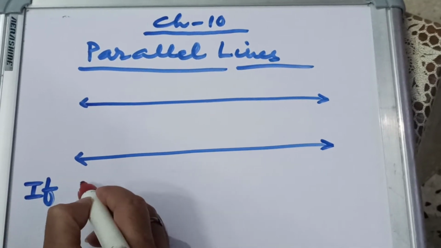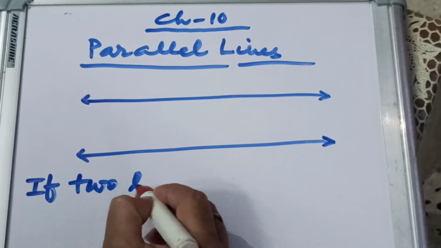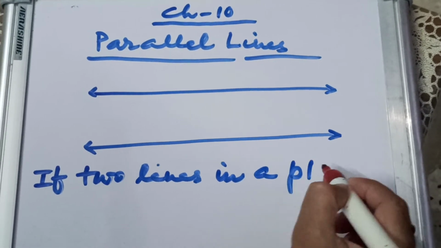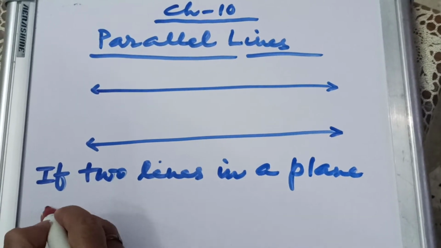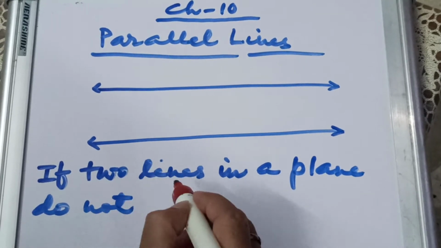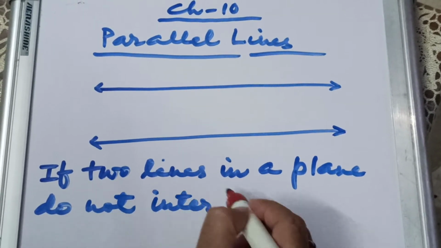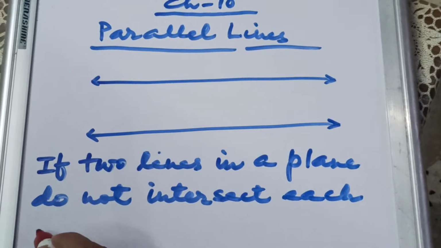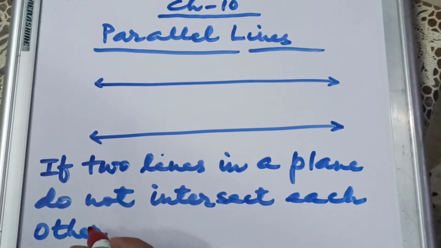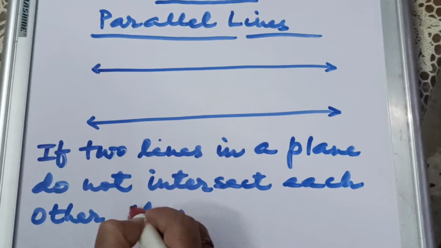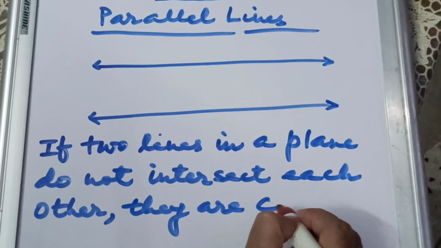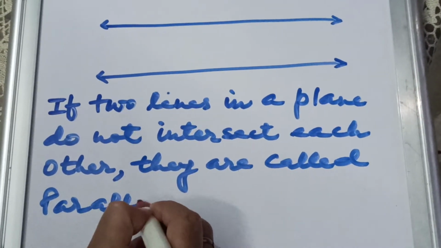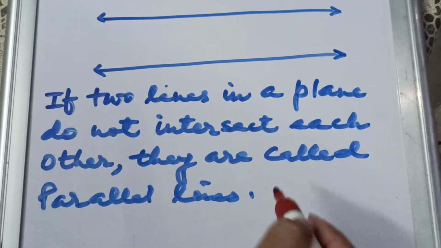If two lines in a plane do not intersect each other, they are called parallel lines.